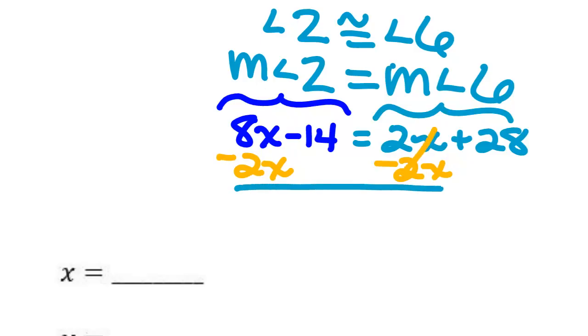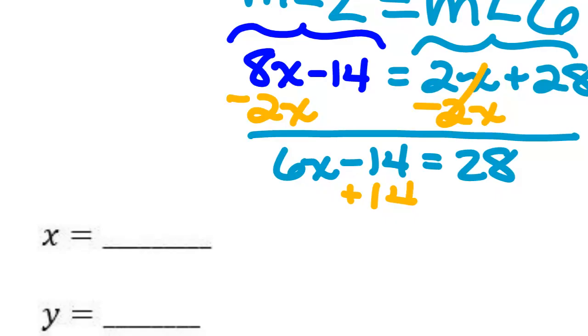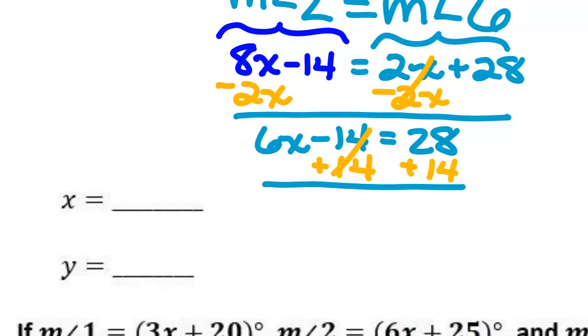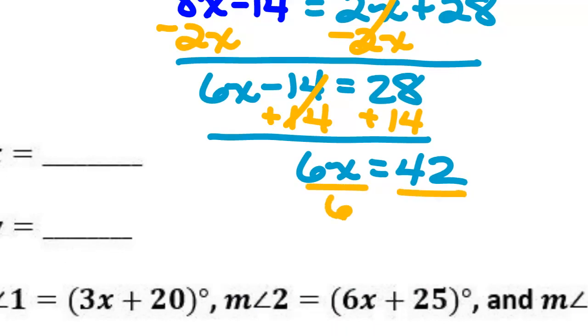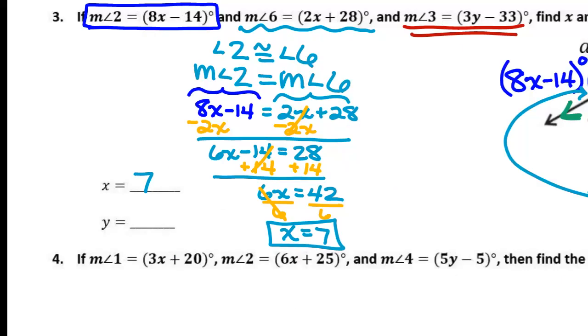So that would give me 6x minus 14 equals 28. Then I'm going to add 14 to both sides. I get 6x equals 42. And then I divide both sides by 6, and we get that x is how big? X is 7. So there's one of the things they asked me to find.